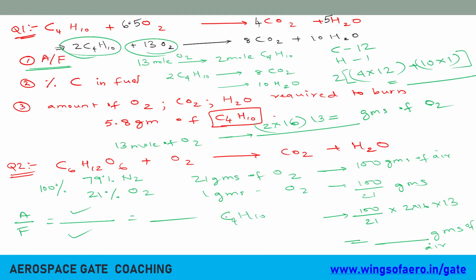The number of atoms is 4, and the molecular weight is 12. Fine. And what is the total molecular weight of this fuel? 4 into 12 plus 10. If you do that, you will get the answer. What is the percentage of carbon?